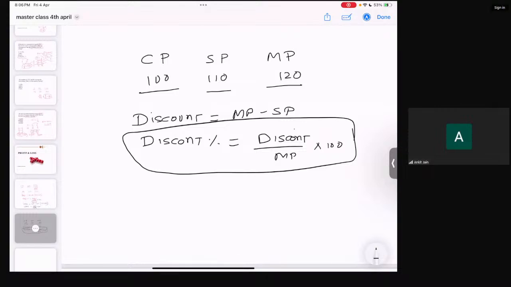There is one more term called markup. What is markup?